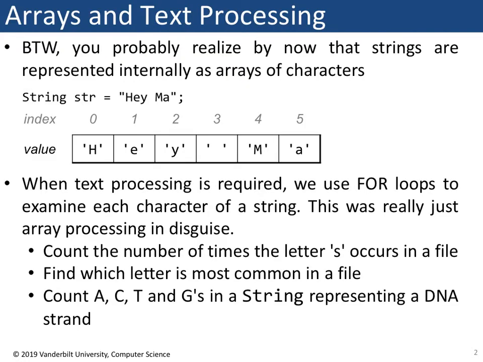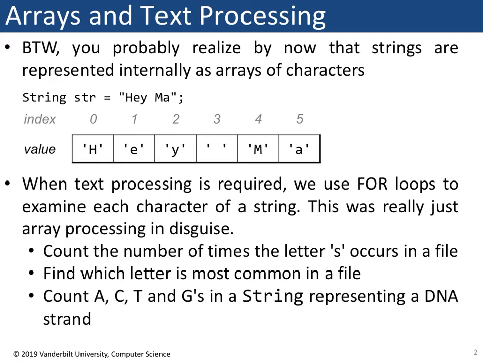So to start off, let's make a quick connection with strings. We've been using strings for a while in this course at this point, and now that we've introduced arrays, it may have become clear that strings are actually implemented as arrays of characters. And that is accurate.